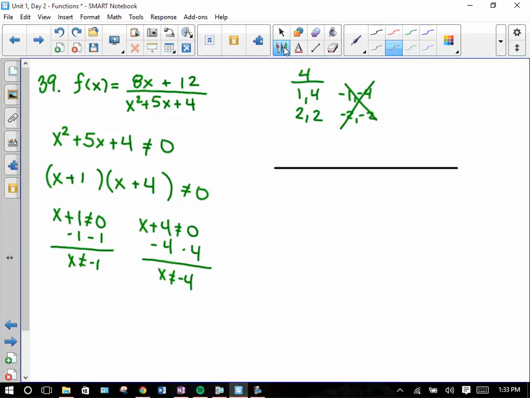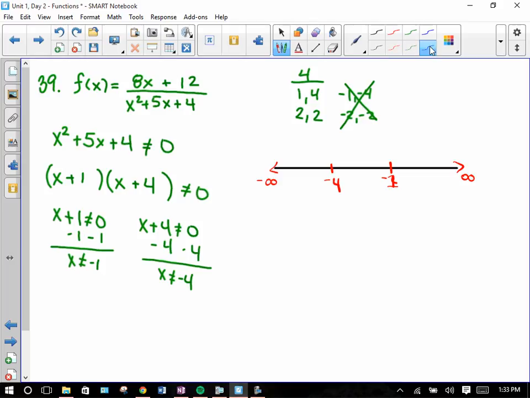You can even say, I know negative infinity is way down here, that's why I put the arrows on. Then I have -4, -1, and then infinity way down there.